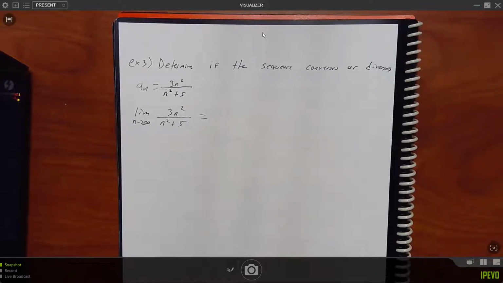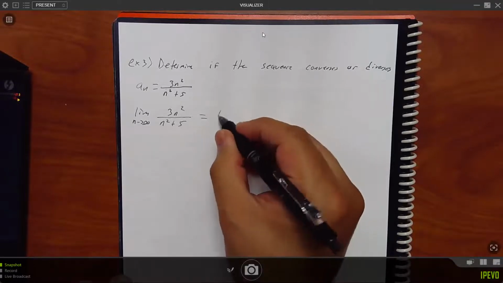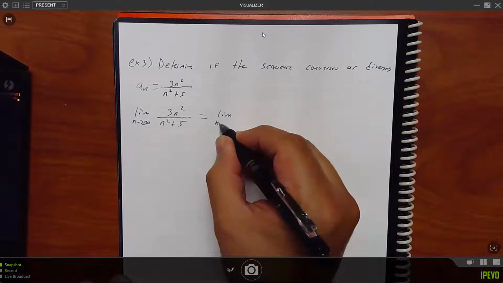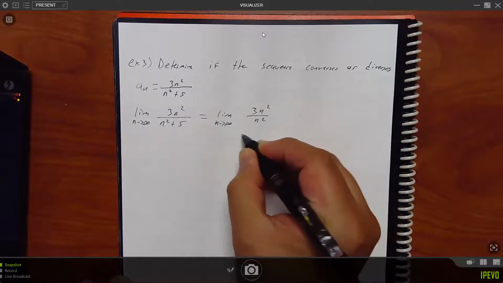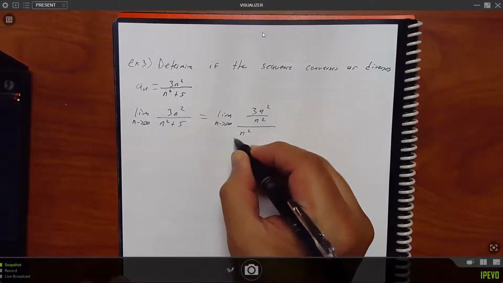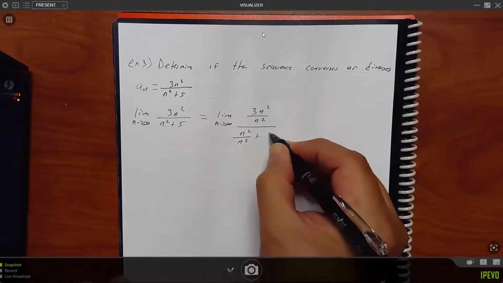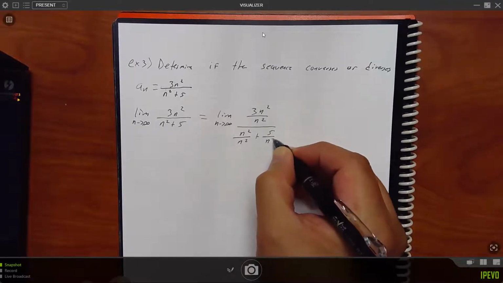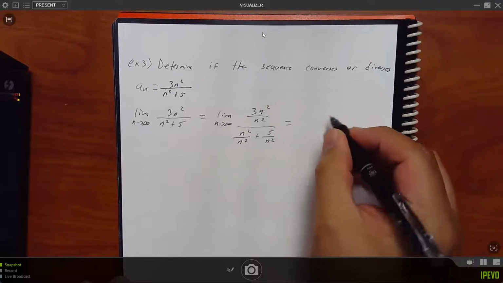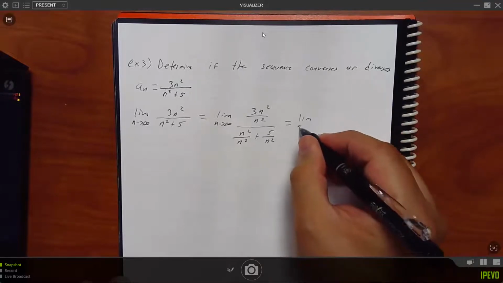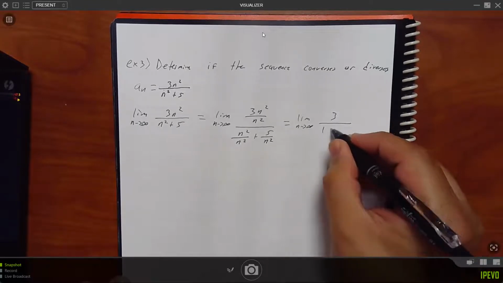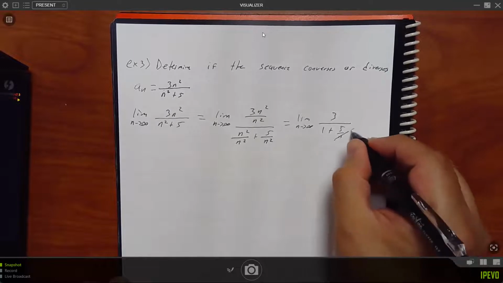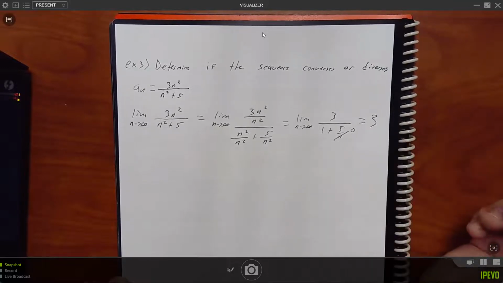Now, back in Calc 1, we showed the work, right? We said divide each term by the highest power. So that would be 3 over 1 plus 5 over n. This will go to 0. So the limit will be 3.